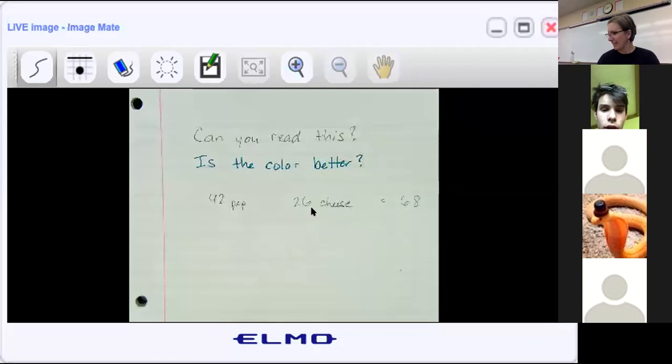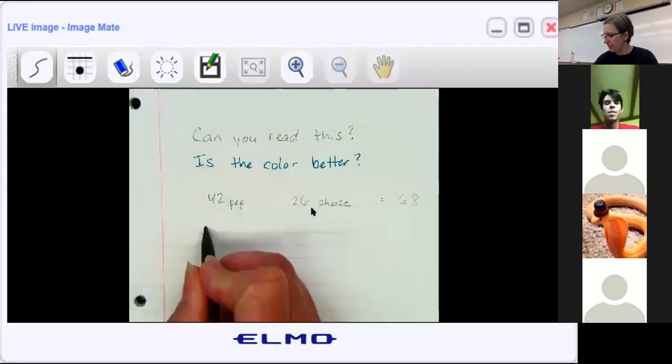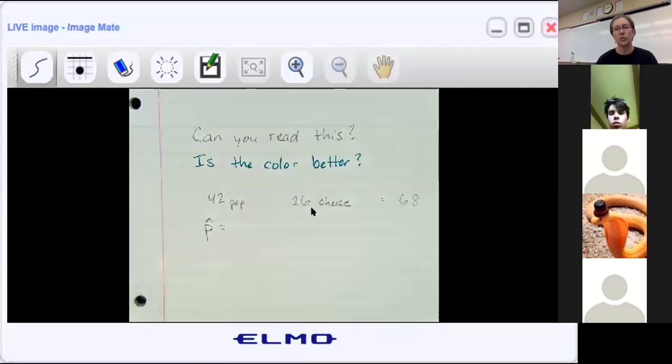Yes. Okay. So in order to find the p-hat, you just take the number of things that you're looking for and divide it by the total number of things. For the rest of this, it's probably easier to have your question be rephrased, so it says something more like, do you prefer pepperoni over cheese?